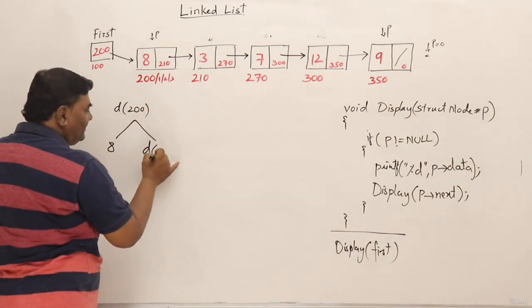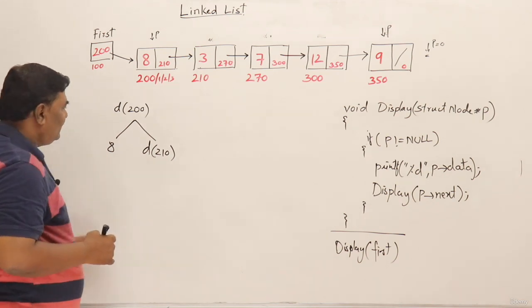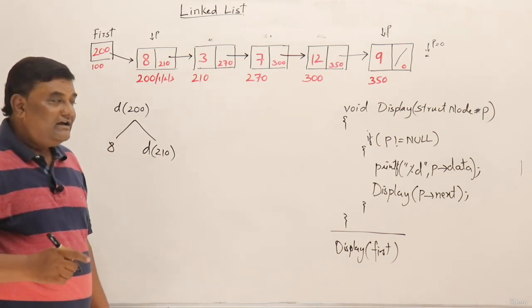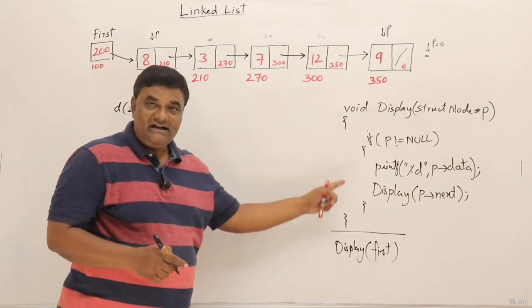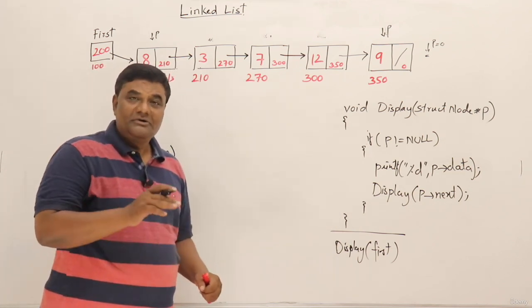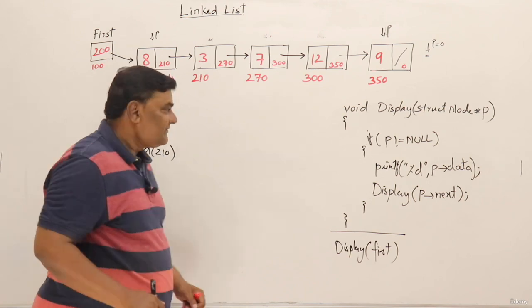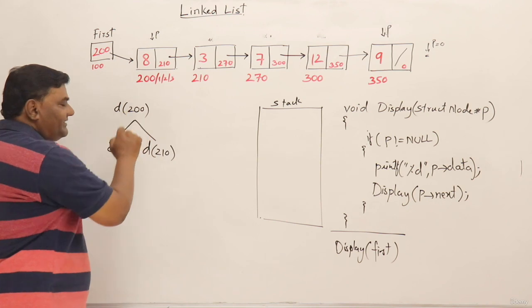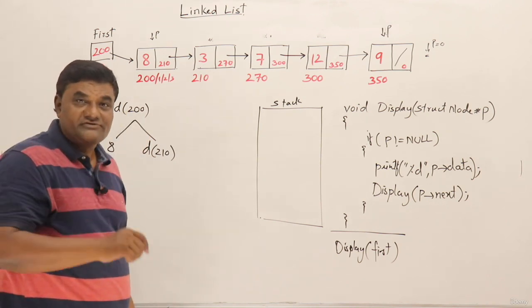So display will be called upon 210. I am generating a tracing tree. Simultaneously, I will also show you stack contents, because recursion uses stack. Suppose this is a stack, the system stack. First time when I called, the address was 200.